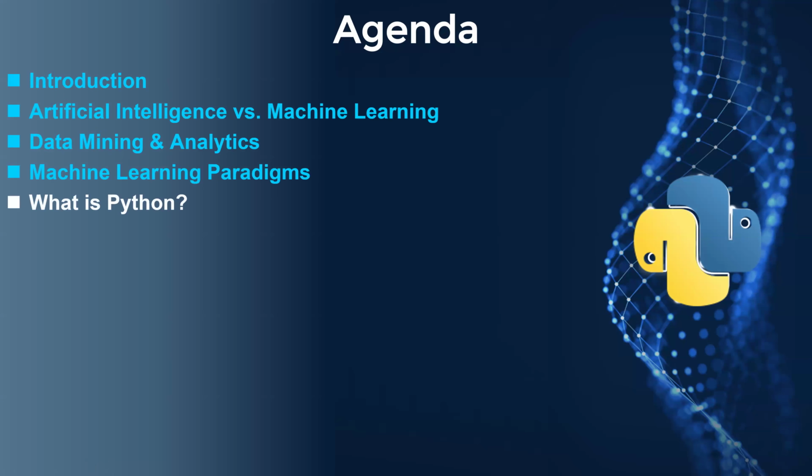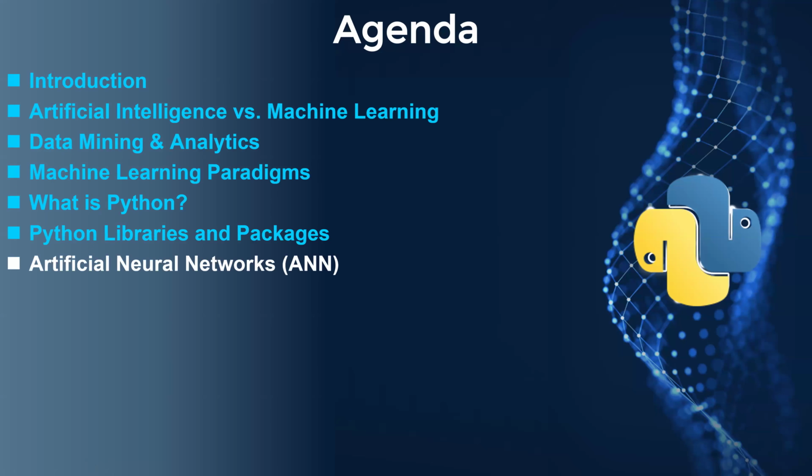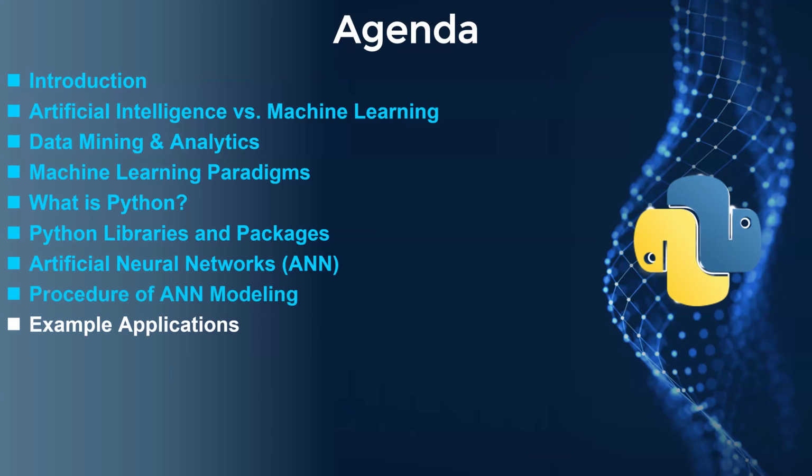Then we will highlight very quickly what Python libraries and packages are. Next is an overview of the artificial neural networks and the biological neurons, the procedure of building a neural network model, and finally example applications.